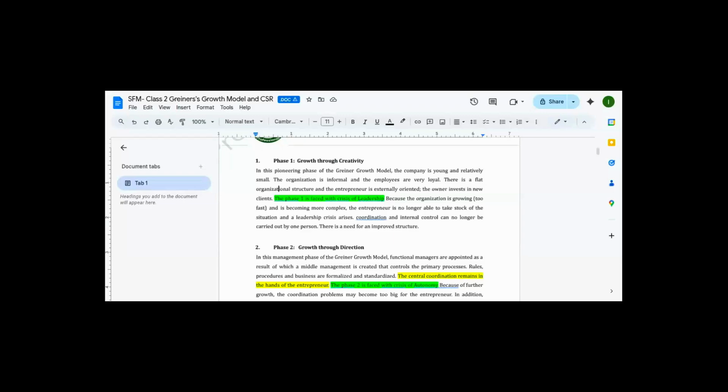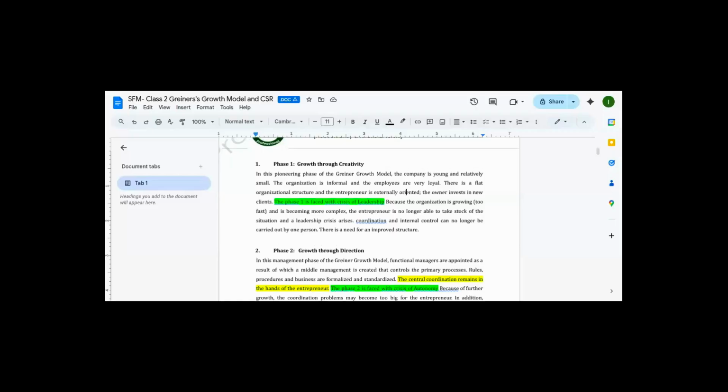So there is a flat organization structure. I've explained that. The flat organization structure is attributed to the fact that all structure, decision making, and allocation of resources revolve around the owner. And the entrepreneur is externally oriented. So the entrepreneur is now getting more orientation, more valuable advice from customers and from suppliers to enrich and nurture the growth of the organization.